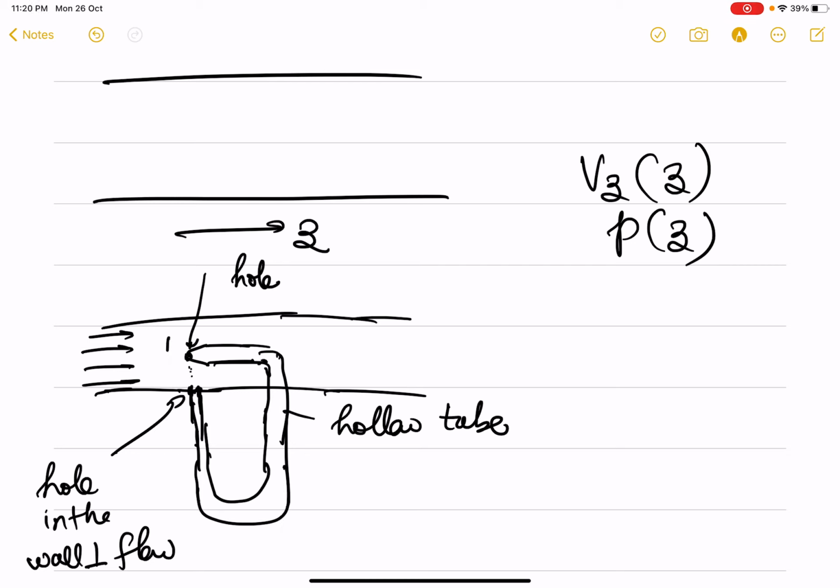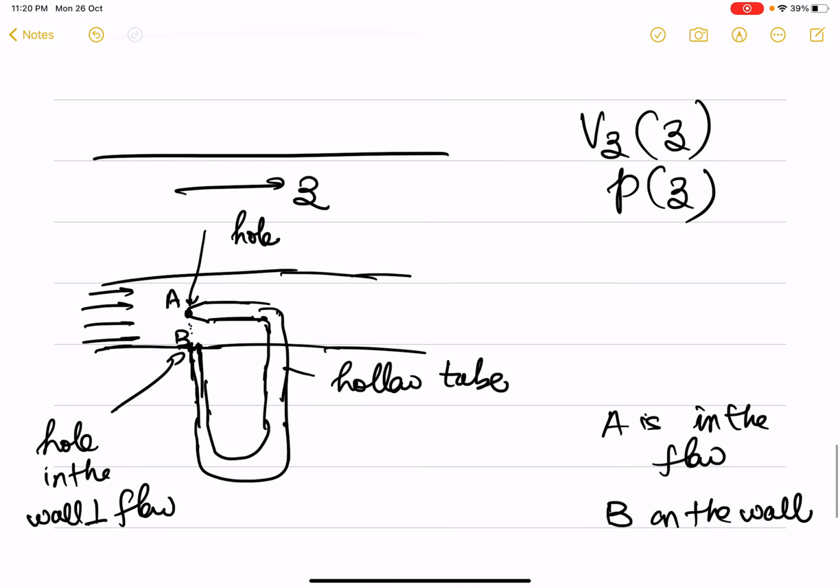So let's say this is the point A, this is point B. Point A is in the flow, and point B is on the wall. These two are connected by a manometer, which means we put in a different density fluid.